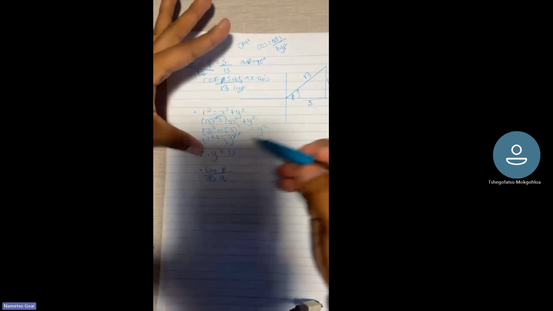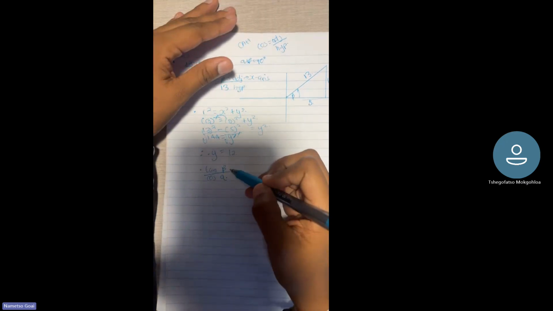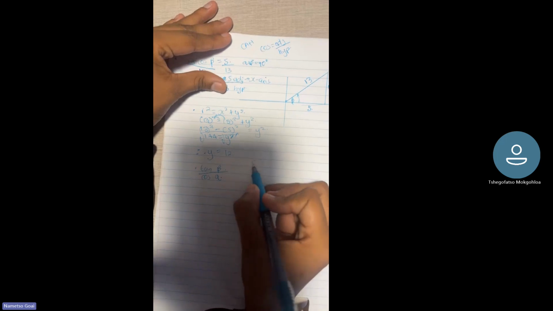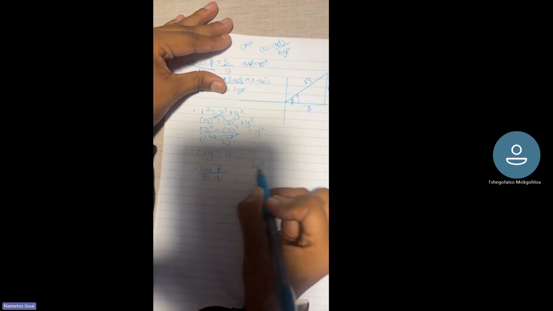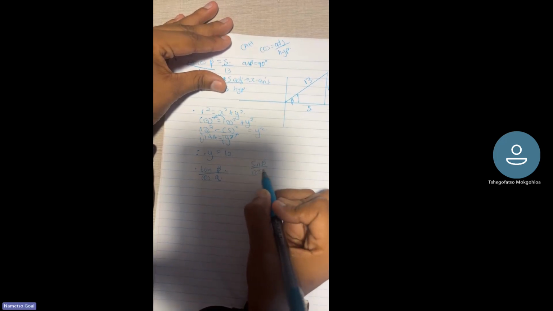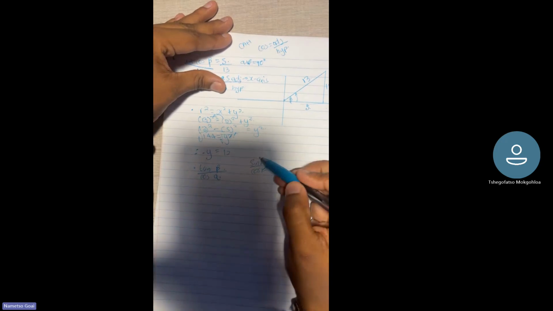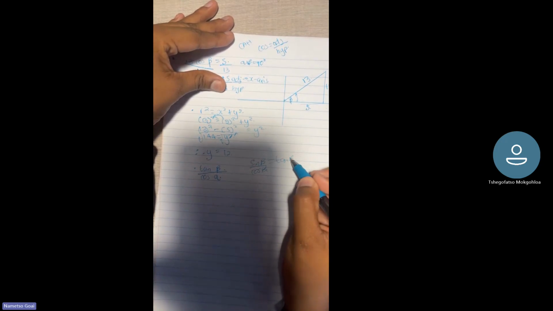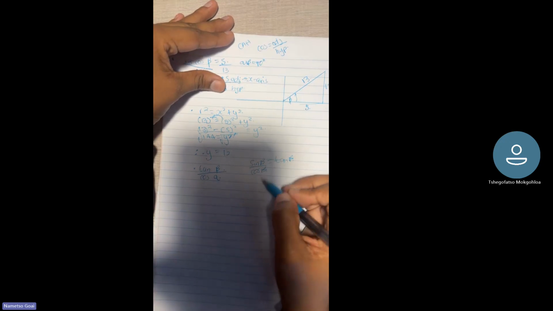If you try and get your tan beta, remember what is tan? Tan is simply sine beta divided by cos beta. So when you're trying to get your tan beta, you'd have to solve for this, right?